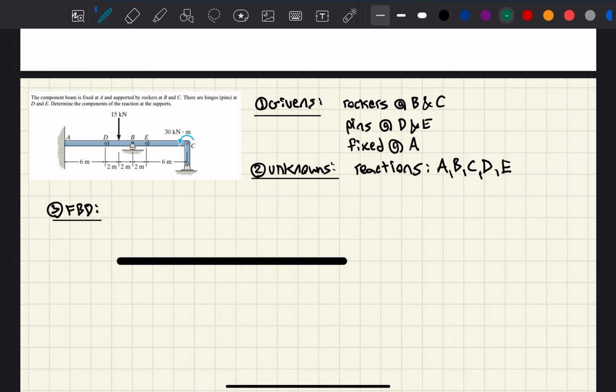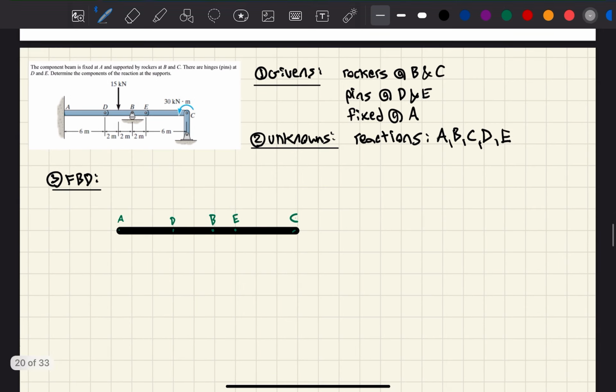If we label the points quickly, A, D, B, say E is over there, and then we'll say C is over here. We can do the dimensions, and then we also need a section right there.